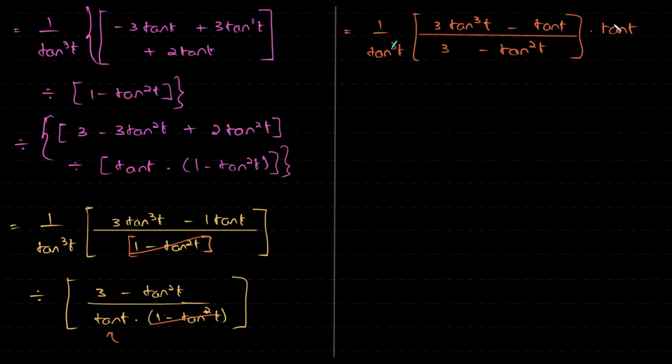Cube and this will get cancelled, this becomes square, and we have tan in the numerator, that is common. So basically I have tan t by tan square t, and we have 3 tan square t minus 1 divided by 3 minus tan square t.